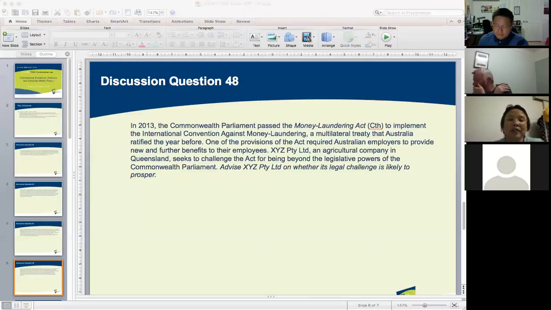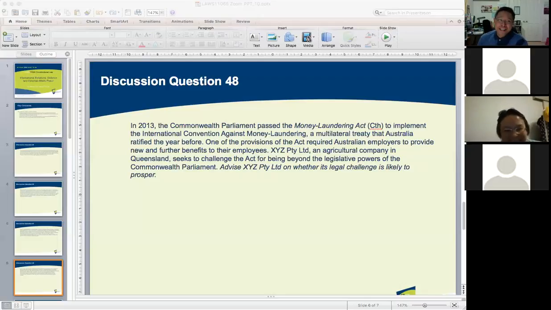Can I just try with the issues? I think I'm still having a problem getting the issue right. So is this provision of the Act to provide new and further benefits to employees a valid provision that can be validly included in this Money Laundering Act? Is that specific enough? No. Too specific.